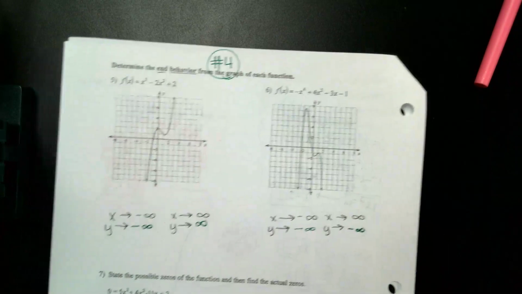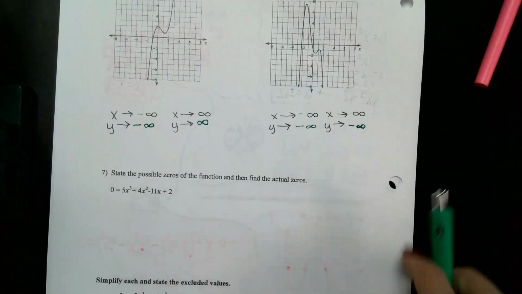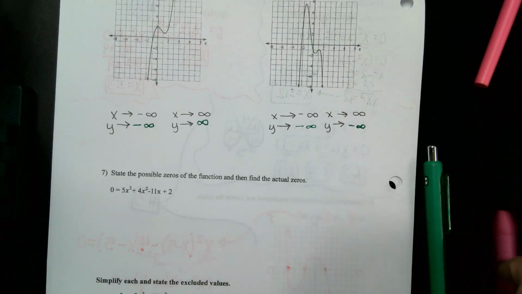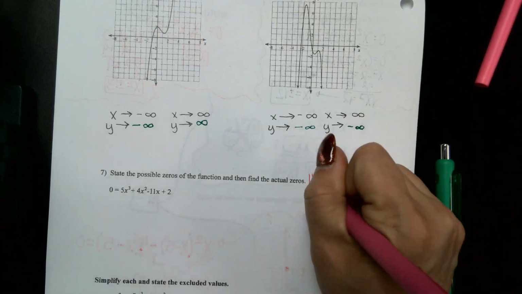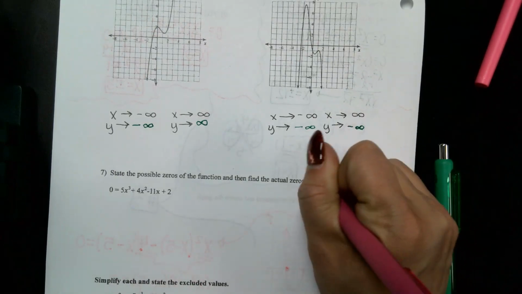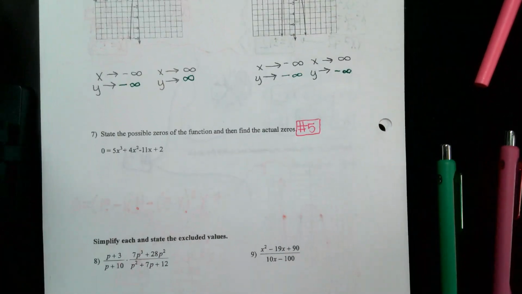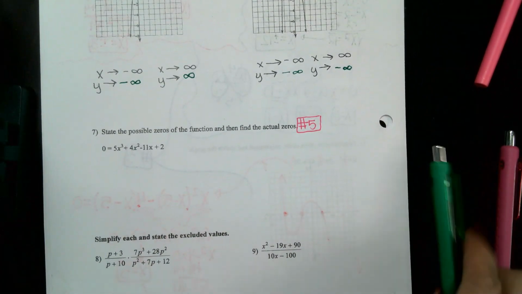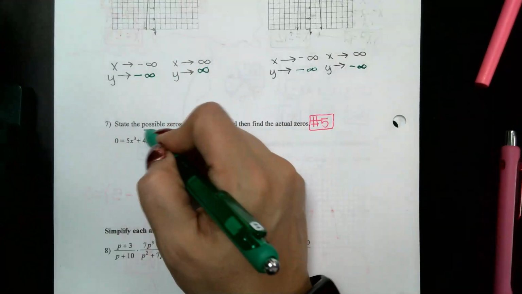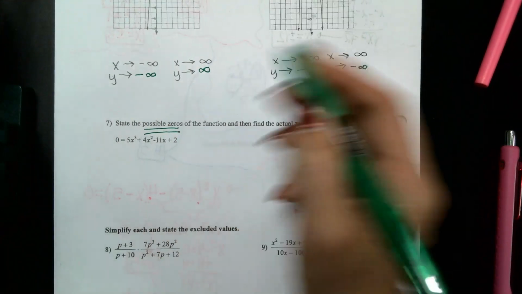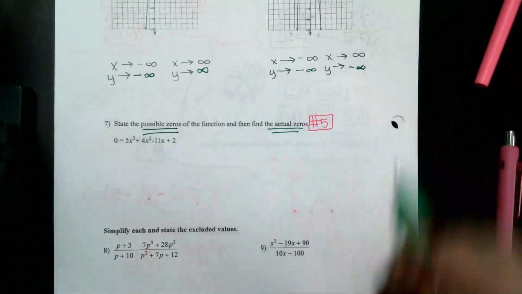All right, number 7 on the review matches number 5 on your test. It says, state the possible zeros. So we're going to do possible zeros first, and then we're going to find the actual zeros.